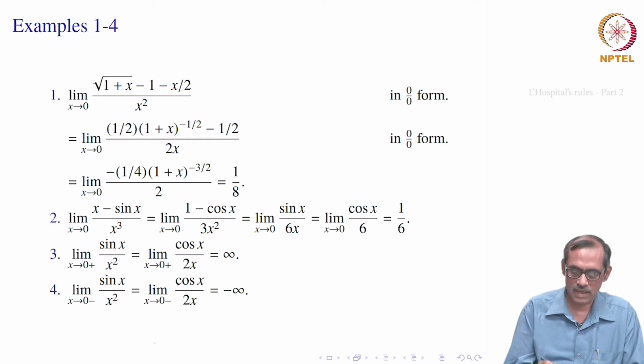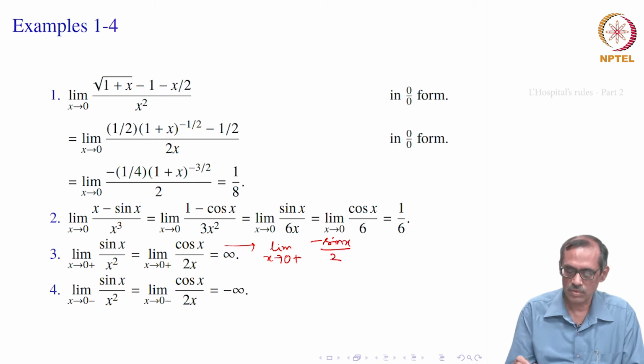Now, this is again in 0 by 0 form, cosine x by x. You can use L'Hopital's rule again here. So, that would give the limit as x goes to 0 plus of minus sin x by 2. Okay. Is that right? And that would give 0.